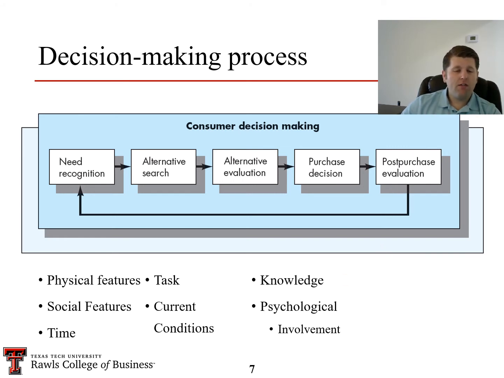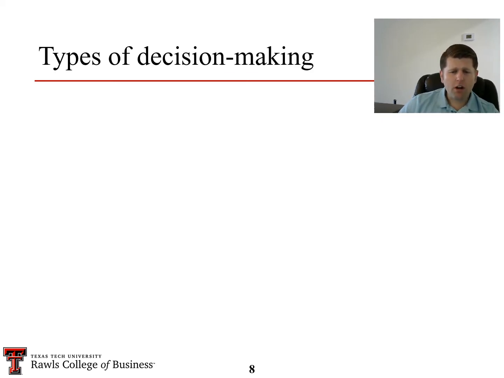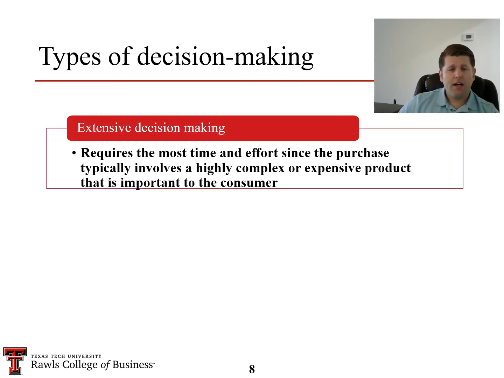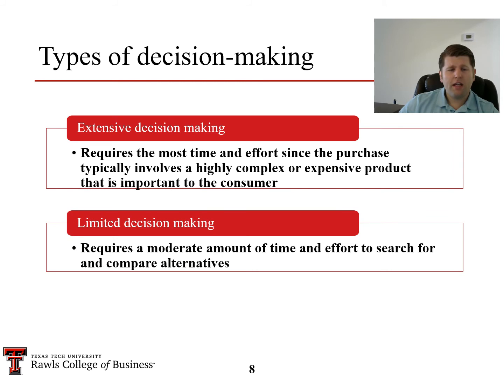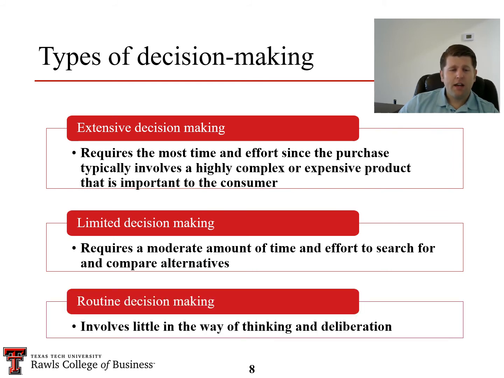But we can view the consumer decision making process in the most basic sense as going through some type of process similar to this. There are different types of decisions that we make: extensive decision making, limited decision making, and finally routine decision making. Extensive decision making would be where you're going to be spending probably a high dollar amount.